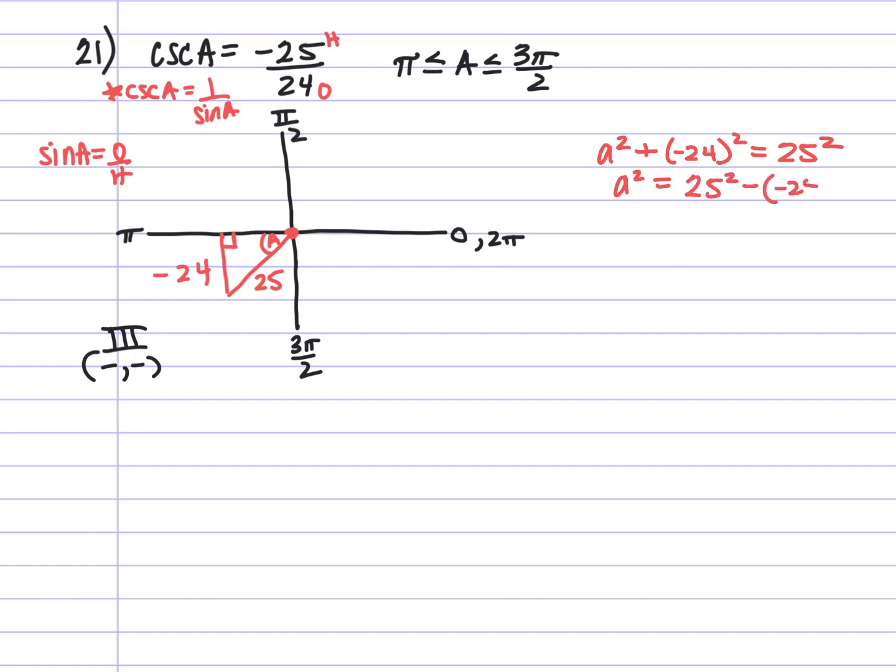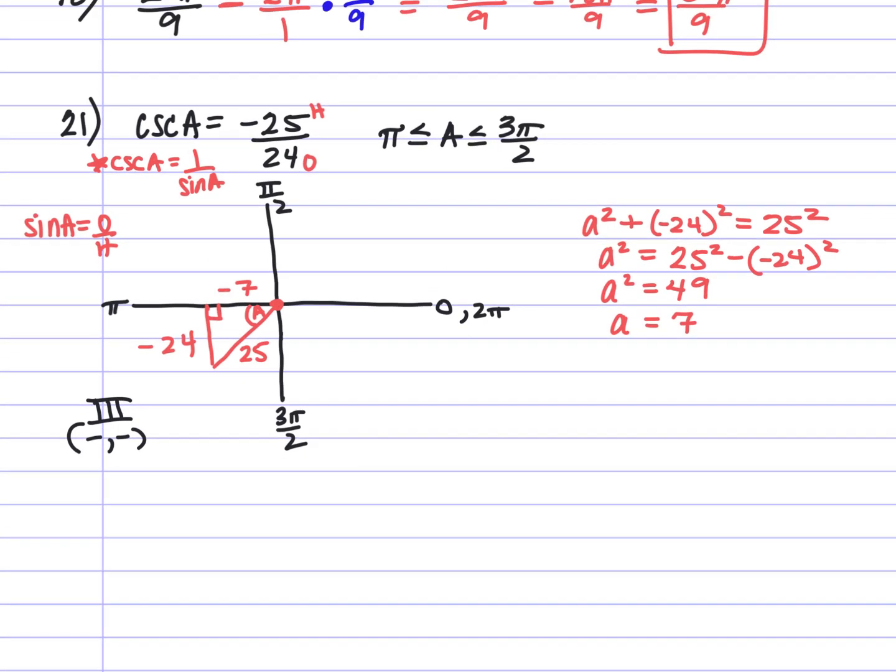And notice I'm putting the negative 24 in parentheses because if you square anything, it's always positive. So once you do that, we should get 49. So A is equal to 7. But remember, we're in quadrant 3, so actually my missing side is negative 7. So that's why it was important that they gave you this information on where the angle lands.